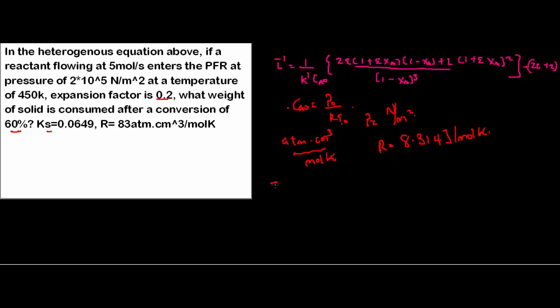My point being that tau prime is equal to 1 over 0.0649 times my CA naught. So you solve this out and get your CA naught, then your expansion factor is 0.2, and your temperature was given to be 450 Kelvin.